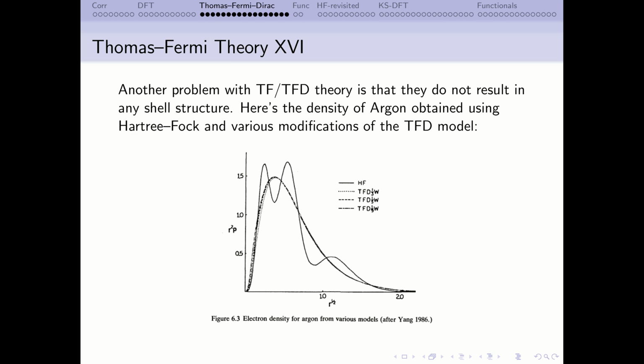So Thomas-Fermi or Thomas-Fermi-Dirac theory just does not form bonds, which means it's pretty much useless if you were a chemist, or if you were doing anything other than continuous, homogeneous calculations in physics. And this is why, although this theory was known, everyone assumed that it's just not possible to form an exact theory based on the density alone.